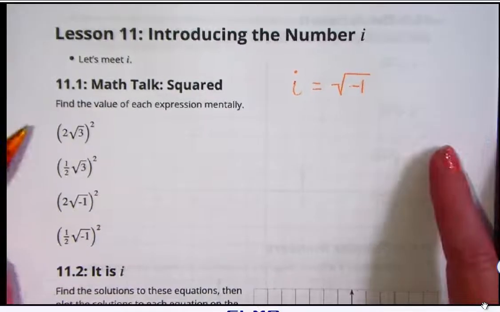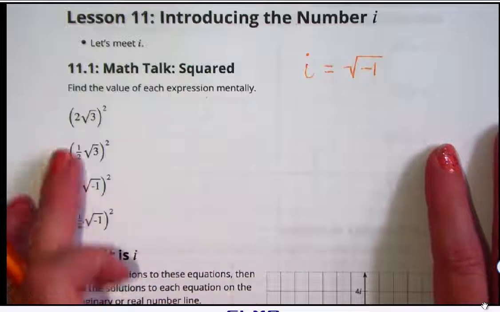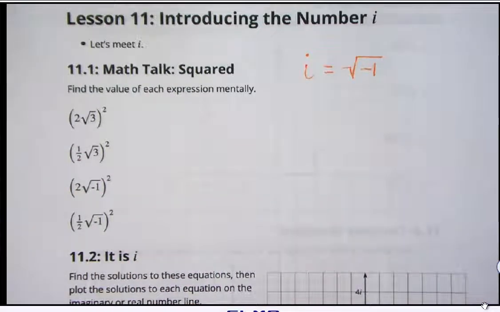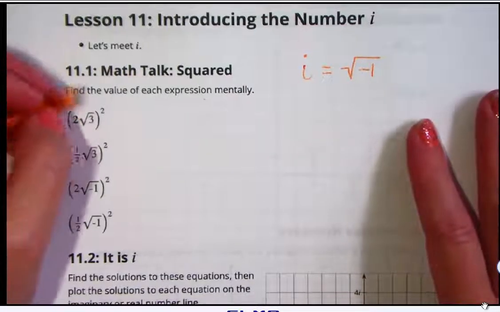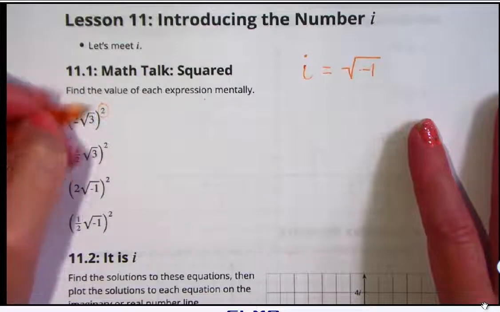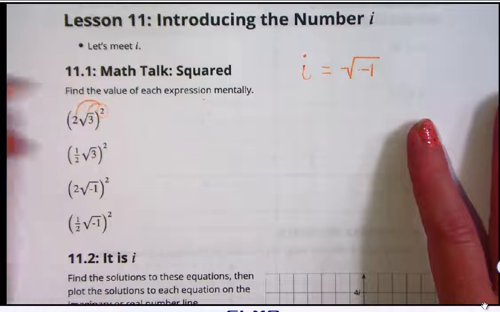All right, so when we need to find a value of each expression, we start here just thinking about numbers first, and then how that's going to also start applying to this i number that we were just introduced to. Remember, if something is squared in parentheses like this, it does mean that it goes to both of those objects inside the parentheses.